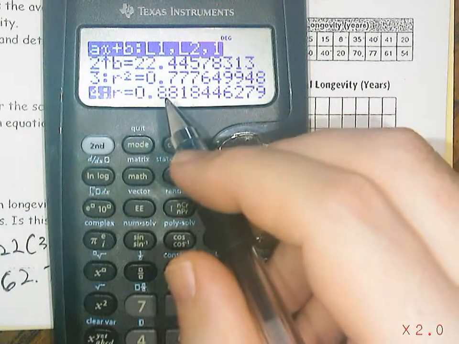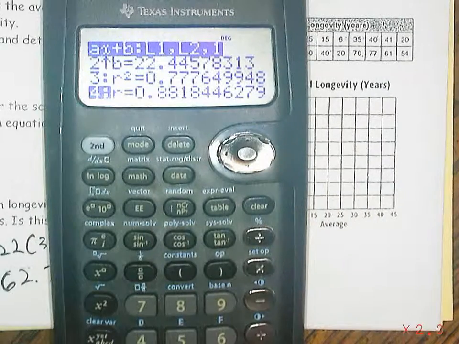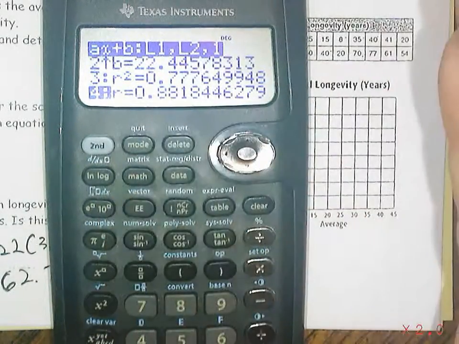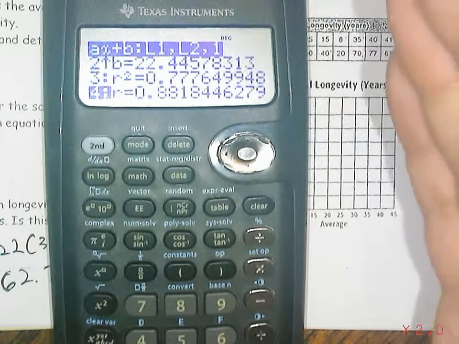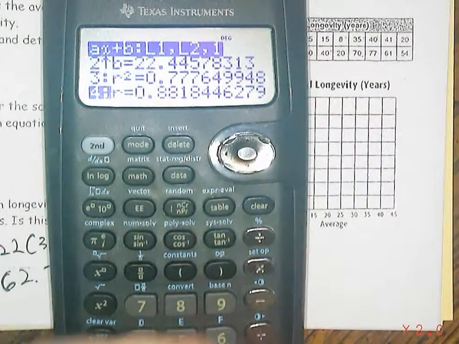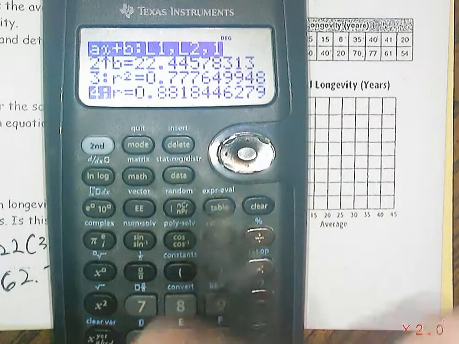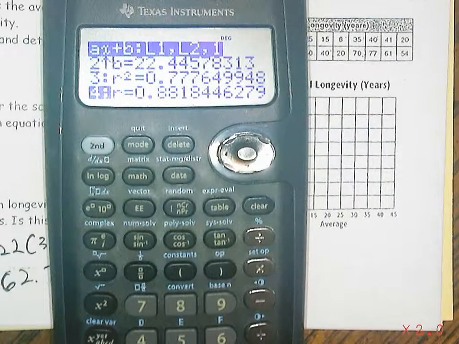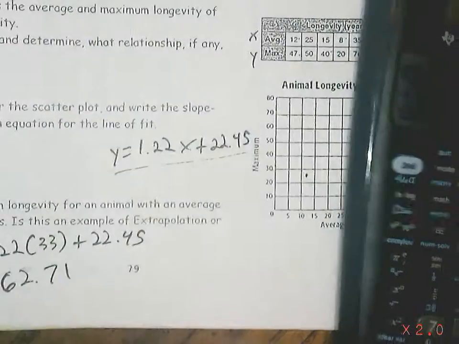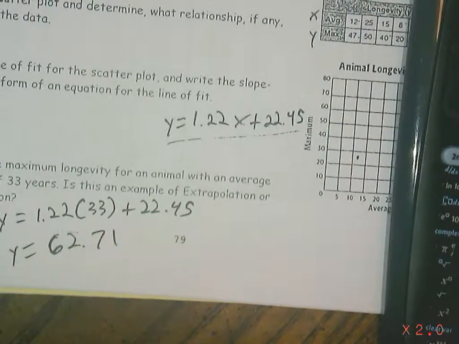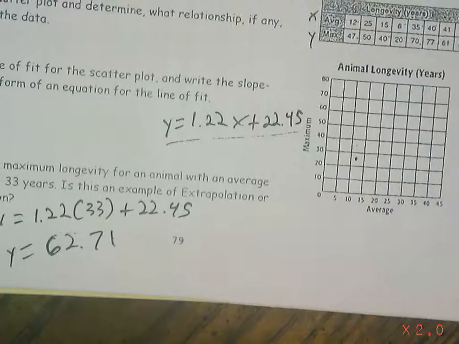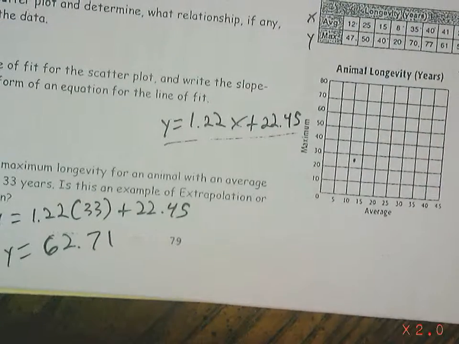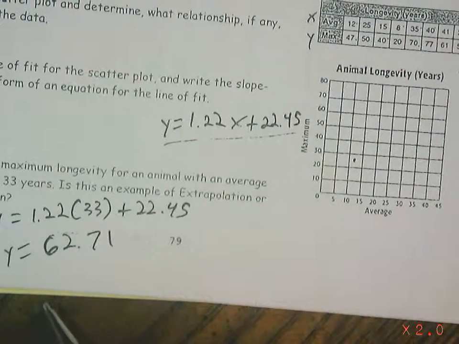The closer that number is to 1, the stronger the correlation. The closer it is to 0, the weaker the correlation. So anything from like 0.6 and up would be a strong correlation. Anything from like 0.5 and down would be a weak correlation. This is a pretty strong correlation, so I can use this data to predict relatively well, because this data is showing a pretty strong correlation in the average range and max years in captivity.